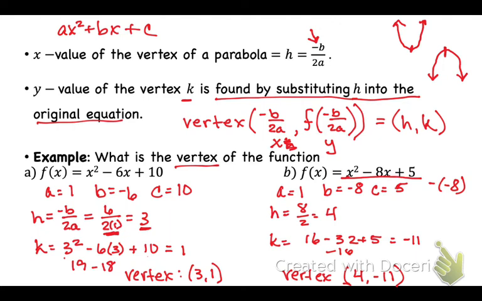But that's an x. Isn't x the same as h? Yeah. What if b is ever an odd number? Doesn't matter. So you have a fraction. You just have to deal with it. Doesn't change the math.